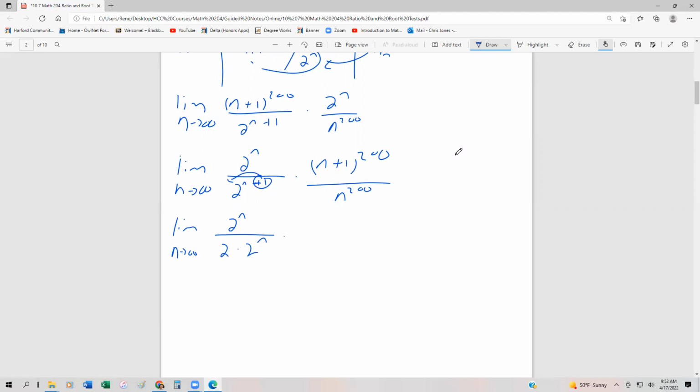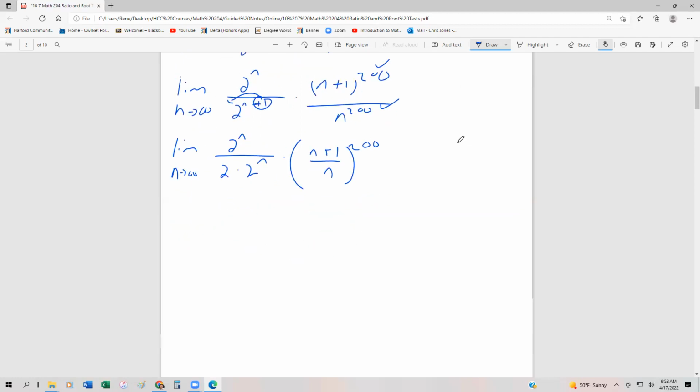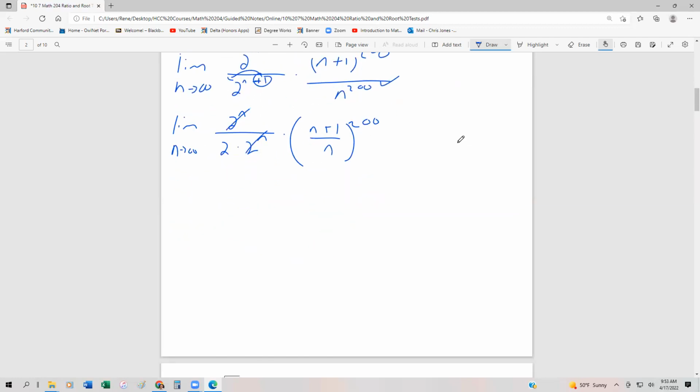And then what we can also do is group these because they both have a 200 power. So we can rewrite this as n plus 1 over n to the 200th. Now we know that the 2 to the n is going to cancel out and we're left with a half. So we're left with the limit as n approaches infinity of 1/2, and then we can break this up into two smaller terms because we have a monomial.